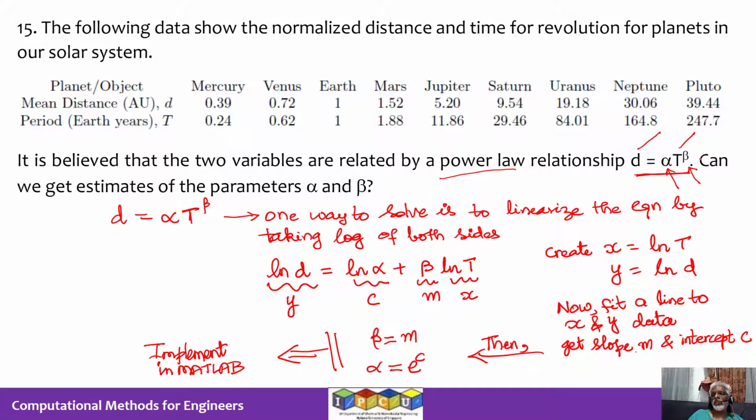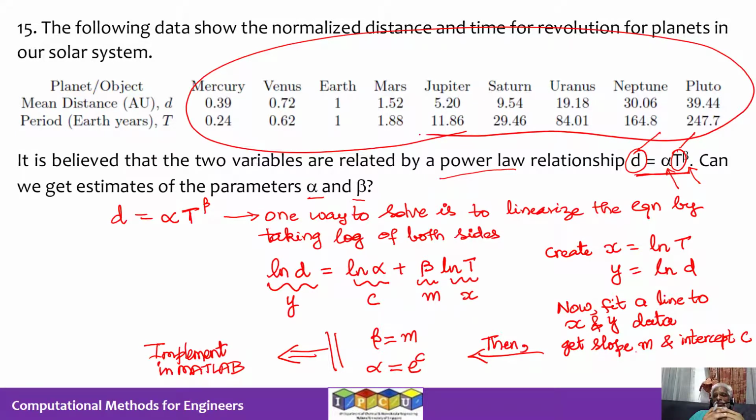So the job for us here is to find the best values, best in some sense that you define, of parameters alpha and beta such that they relate d to t in a manner that is consistent with the data given.